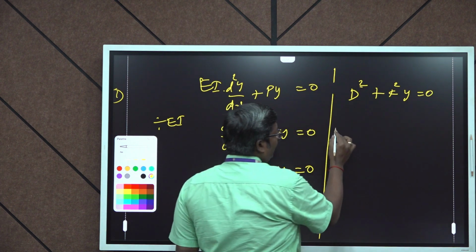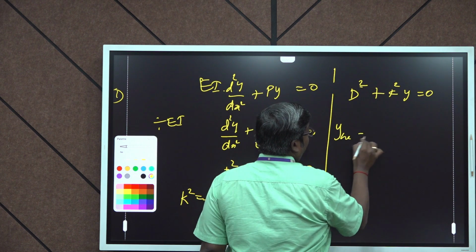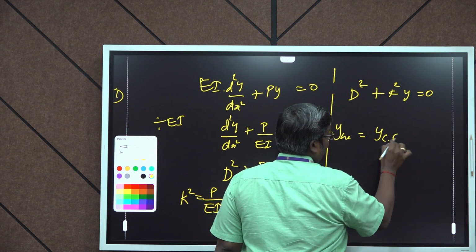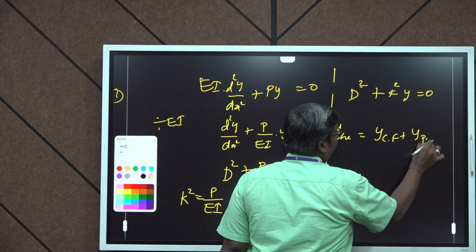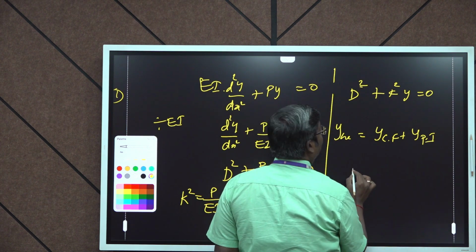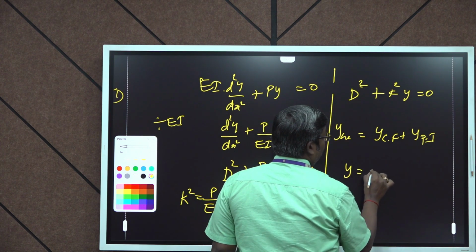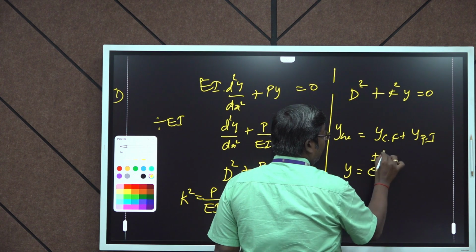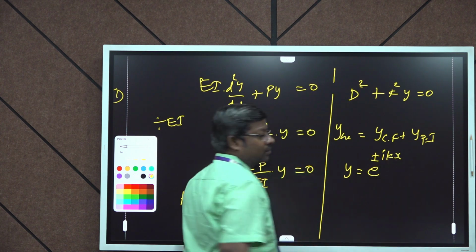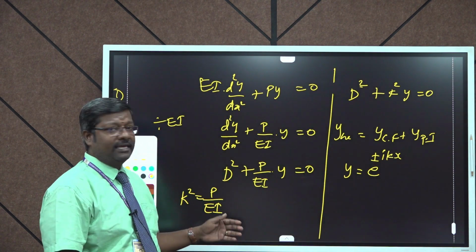The general y equation will be the complementary function plus the particular integral. That is y equal to e power plus or minus i k x. It can be written in the expanded form.